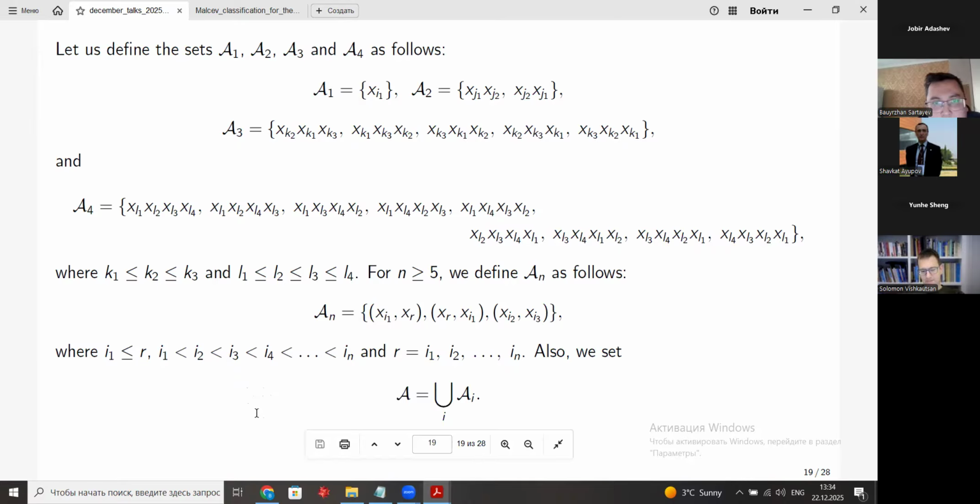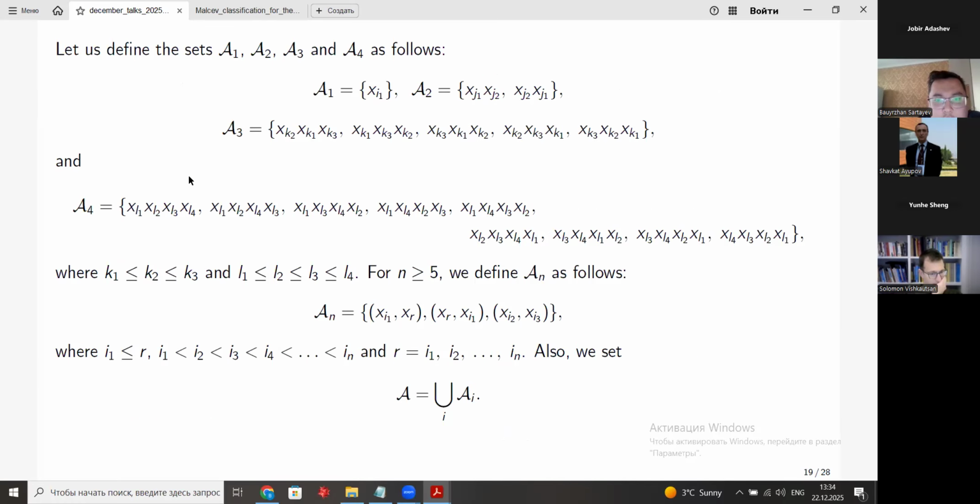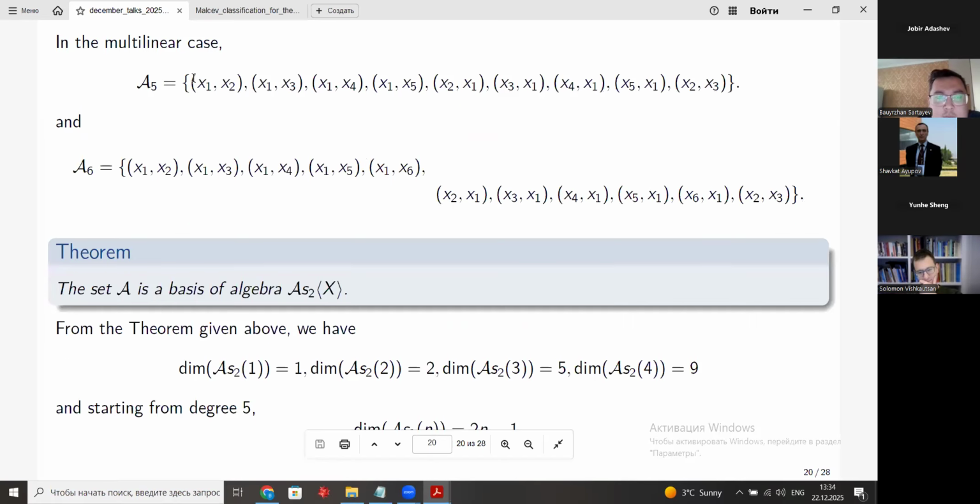Now, an example. In the multilinear case, let me show you how to define A5. As I said before, here we have x_i1 and x_r. So it means that here it will be x1x2, x1x3, x1x4, x1x5, x2x1, x3x1, x4x1, x5x1.